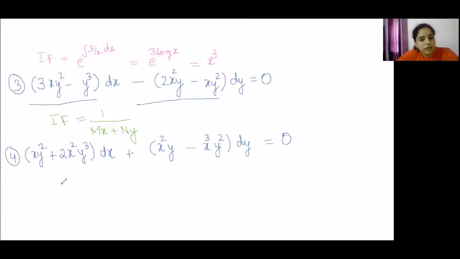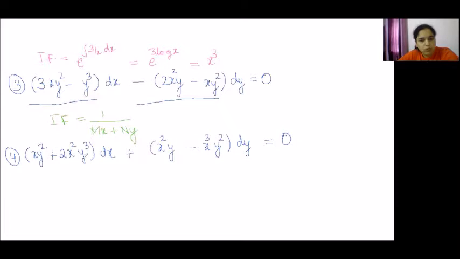Now how can we reduce it to an exact equation? This is our m. This is not a homogeneous one, so the first rule is not applicable. Is it possible to write it in the second form according to the second rule? For the second rule, we need some function of x, y and y.